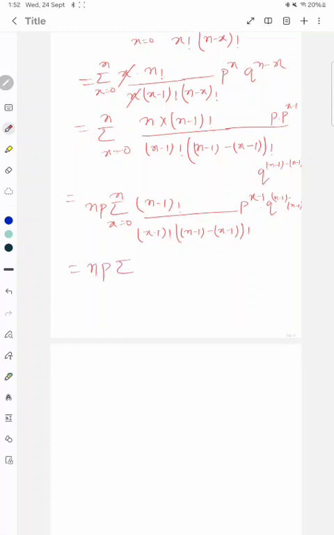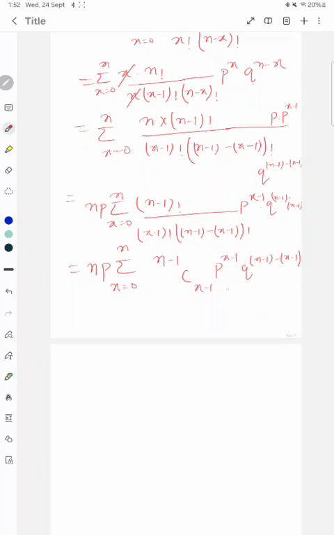So we can write here n minus 1 C x minus 1 p^(x minus 1) q^(n minus 1 minus (x minus 1)).